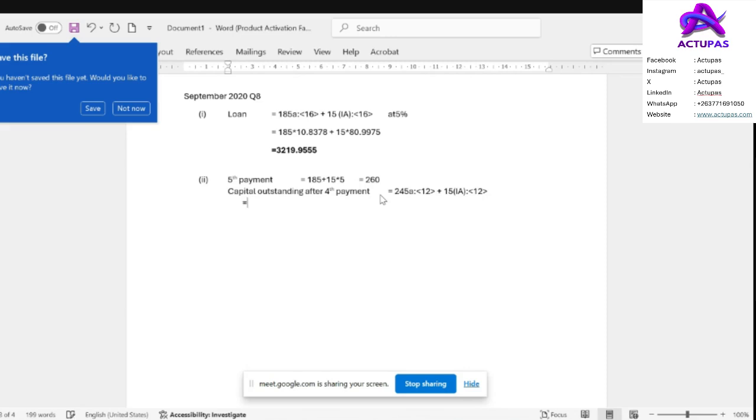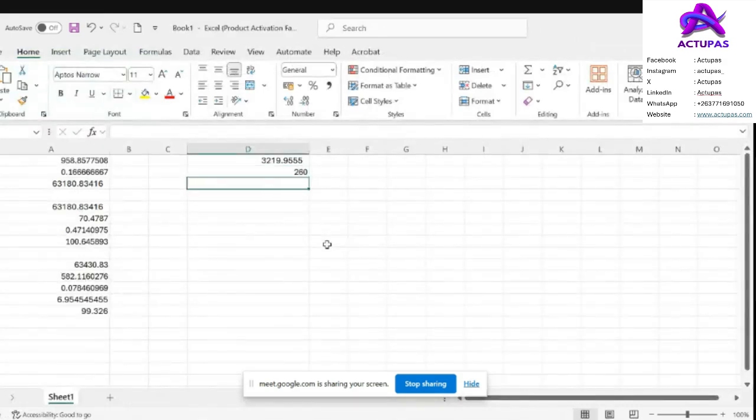So this would be equal to 245 by, you can get it from the tables, A12 and IA12. So this would be 8.8633 plus 15 by 52.4873, and copy paste it in Excel.